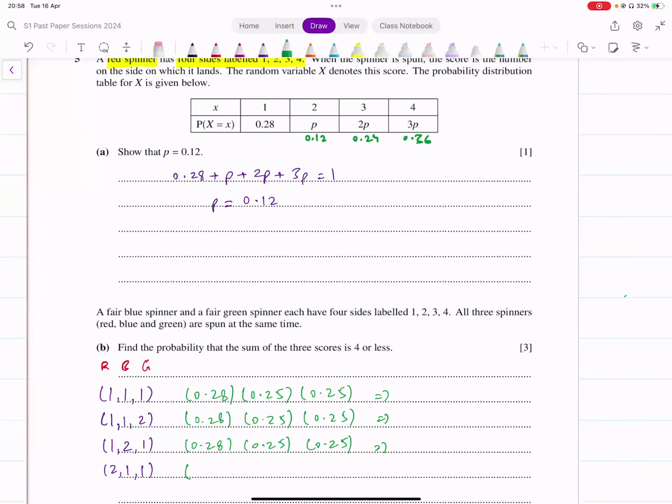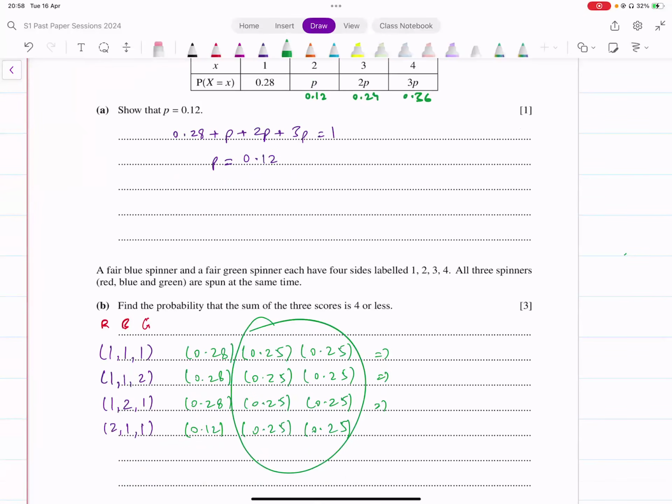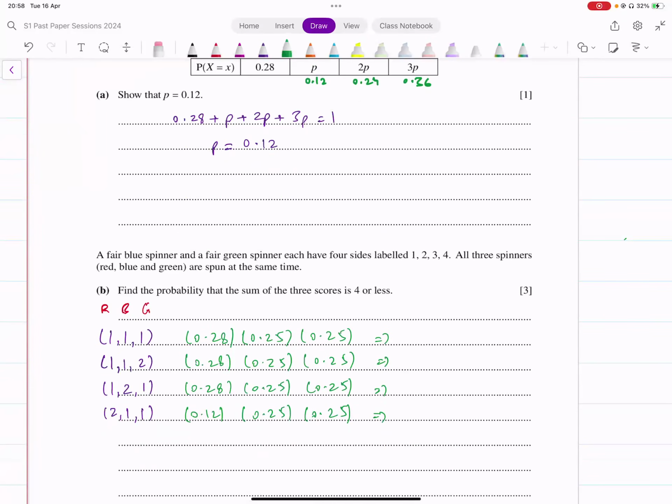So that's going to be 0.12 into 0.25 into 0.25. From the other 2 spinners, all probabilities are 0.25. In the first spinner, the probabilities are different, so you have to be careful about that. You find each of these separately and then add them up together, because it's either the first case or the second case or the third case or the fourth case. So you add all of those probabilities up, and that's going to give you the result.